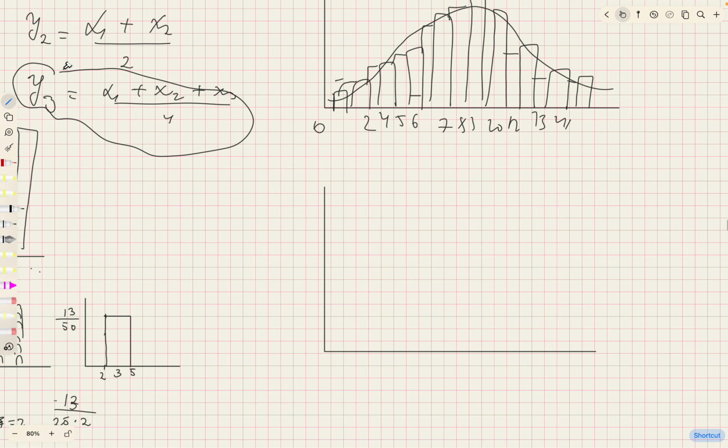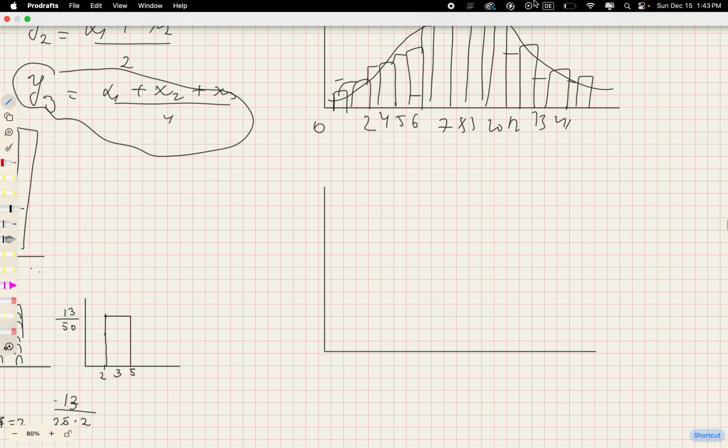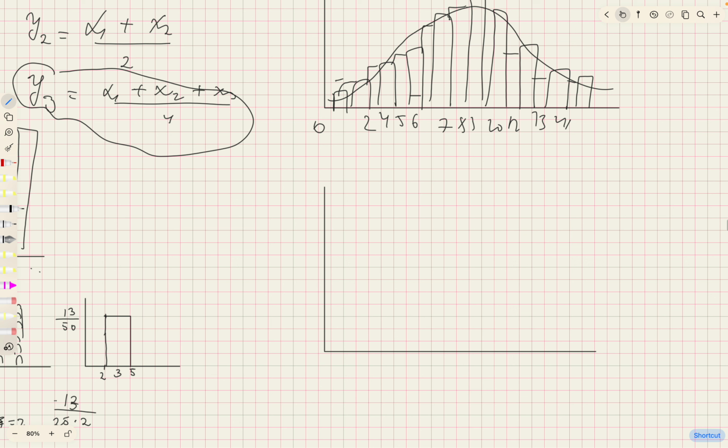And it turns out that as we go on, we do it with Y3. Each time we take 3 random variables, and then we calculate their mean and plot the distribution of those means. That plot will be more like bell-shaped.